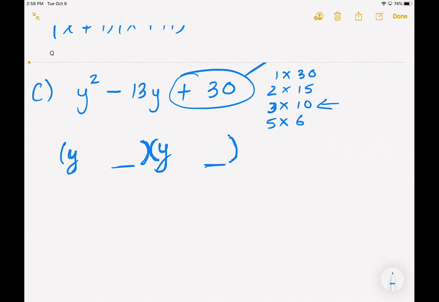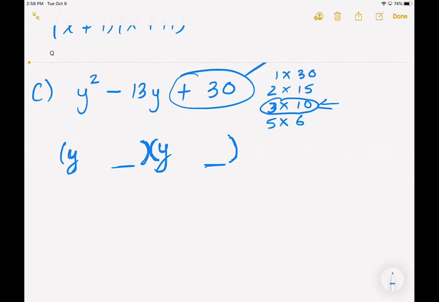I wanted to give you 40, but in my mind I wrote 30, and then there is a 30. And again, since we added, do not take 15 minus 2. We think in terms of addition, and what is the addition? As you can see, 3 and 10.